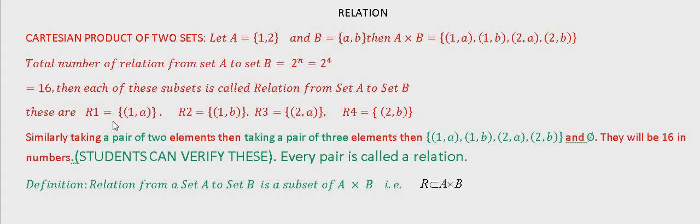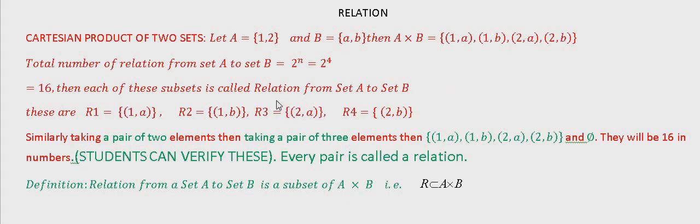So where are the other 12? Now we will take pairs of two: (1a, 1b), (1a, 2a), (1a, 2b), then (1b, 2a), then (1b, 2b), then (2a, 2b). So there will be 6 relations in which every relation has a pair of 2.